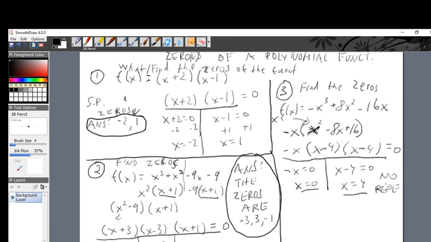No repeats. So, the answer, the zeros are 0 and 4. Problem over.